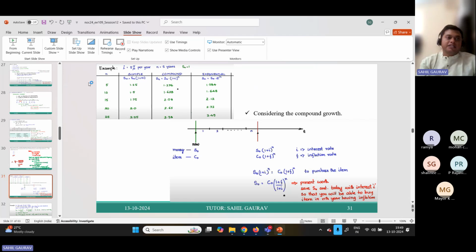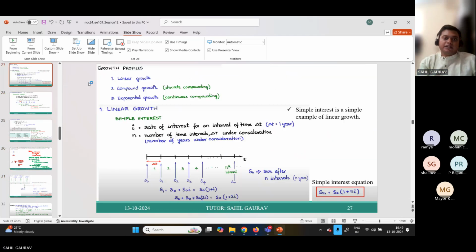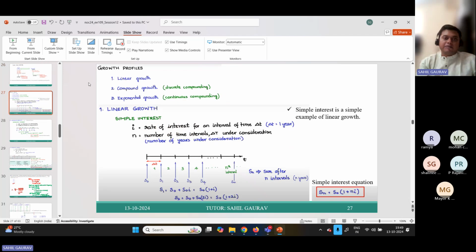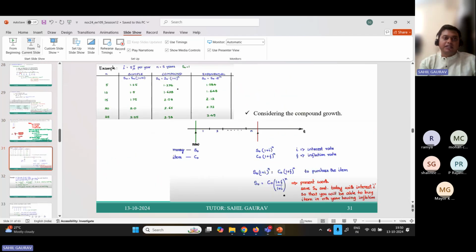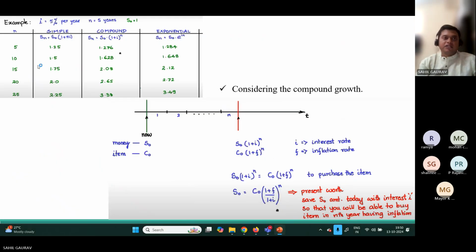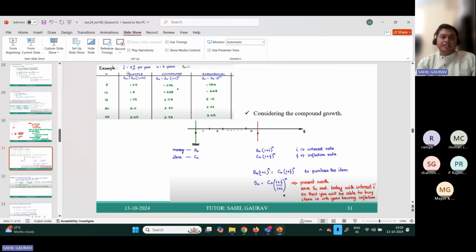So based on these different types of growth profiles, we can see one example. Here the interest rate is given as 5% per year, and n is varying, and we have taken the initial value as 1.